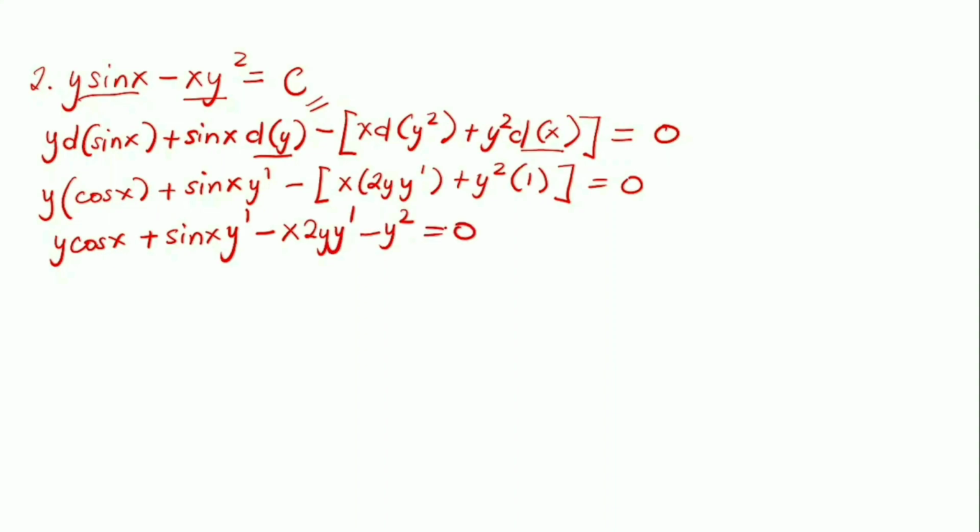Okay? Now, arrange the equation, then factor the common. Okay? So, for example, y prime sine of x minus 2xy prime plus y cosine of x minus y squared is equals to 0.